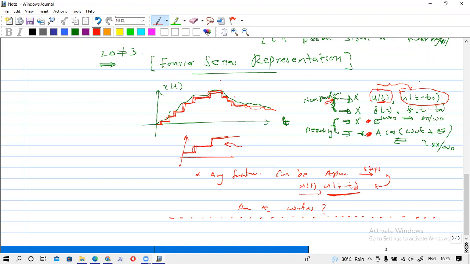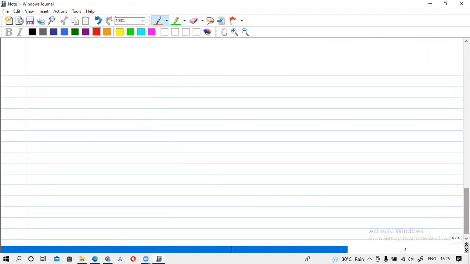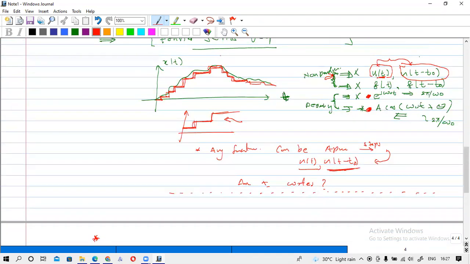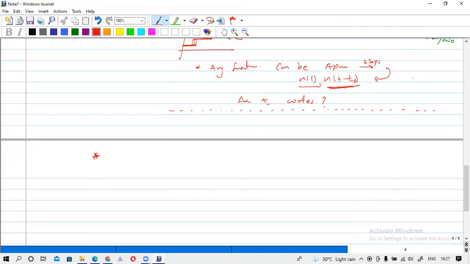So how is it related to the Fourier series actually? This is a very important point, and it is a new point. Any signal can be represented using unit step and shifted unit step functions as a combination of them.